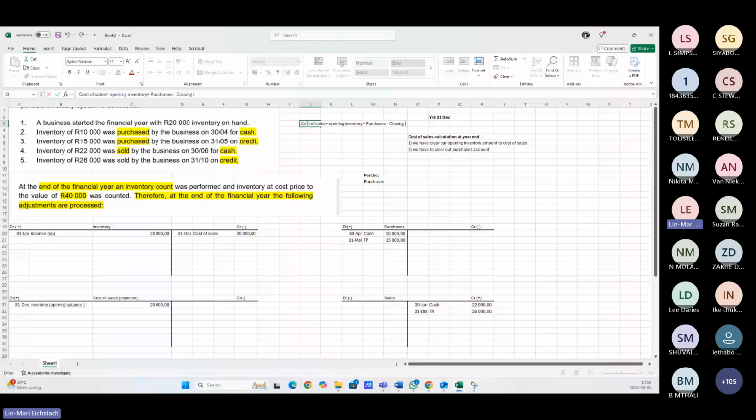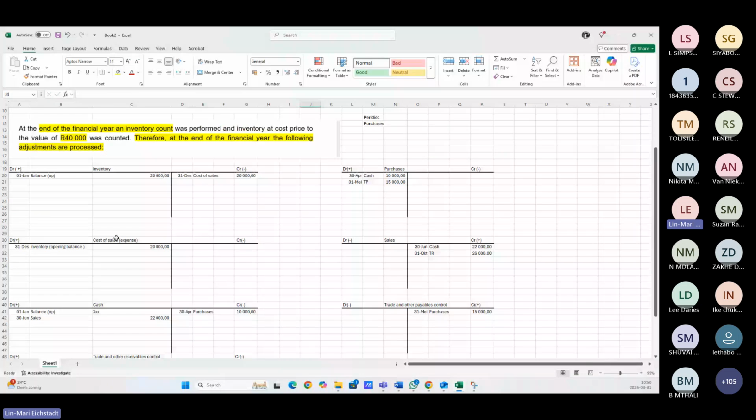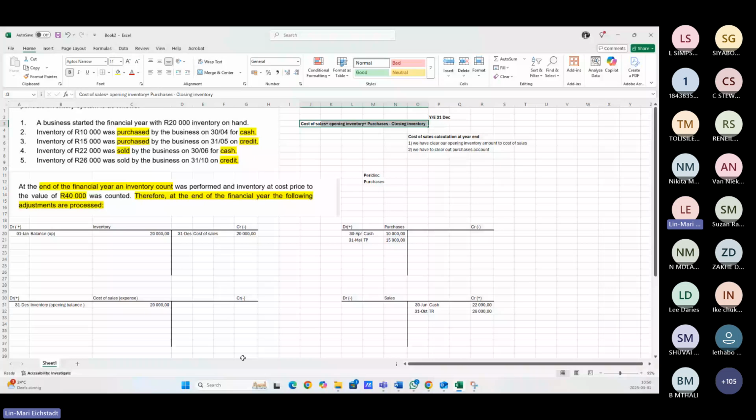So when we come to our T account, we have to bring all of this equation into this account to give us what our cost of sales is at year end. The reason why this is there as inventory is that it takes our opening inventory from our inventory account to cost of sales, to allow us to do this equation and get our cost of sales figure.